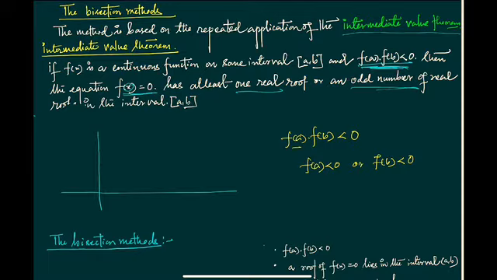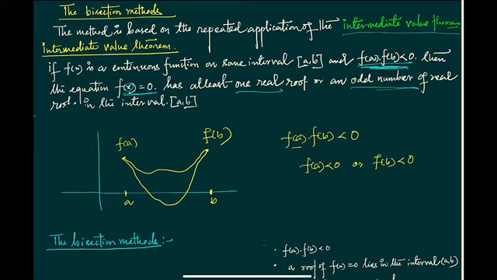Suppose f of a is positive, here it is a and here it is b. Suppose this is f of a, and what if f of b is also positive? Then the graph will be like this or it may be like this, but we cannot say that the root exists.